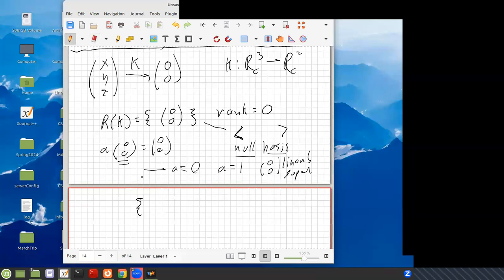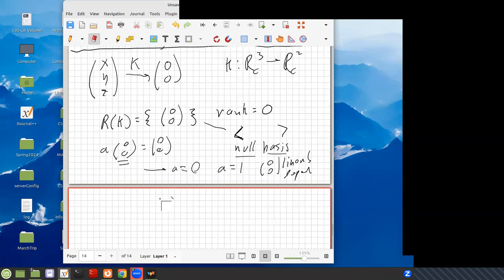Yeah. Could that be a basis? No, because it's linearly dependent. Okay, thank you. The 1 by 1 case doesn't work.